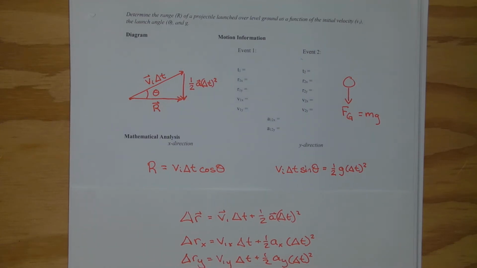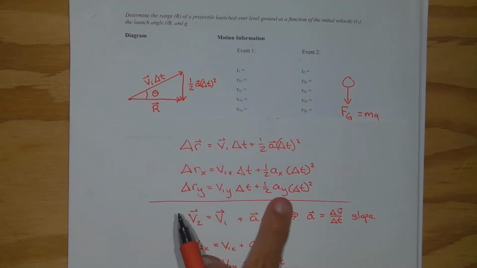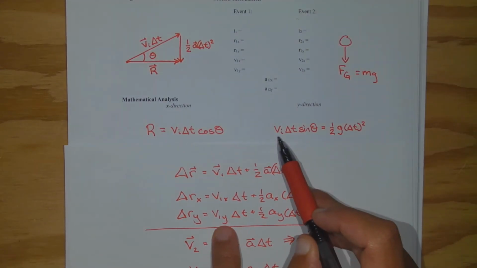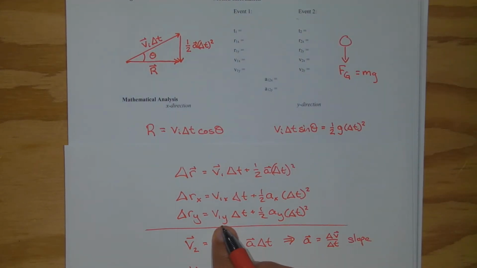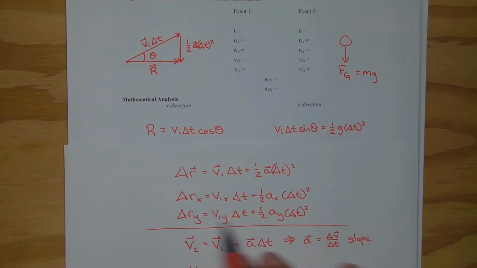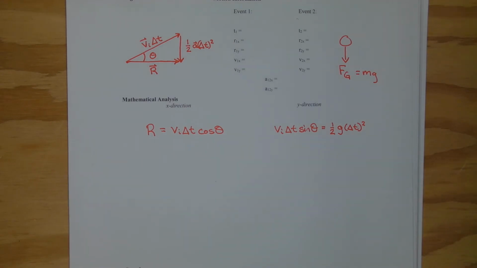And then for the y direction, delta ry, this vector doesn't have a y component, so that would be 0. And since the acceleration is pointing down, it would be negative, but if we bring that over to the other side of the equation, that would be positive, and that gives us what we have here. So the vi sine theta, that's v1y, and ay is g. So you would get this from using the position kinematic equation in component form.